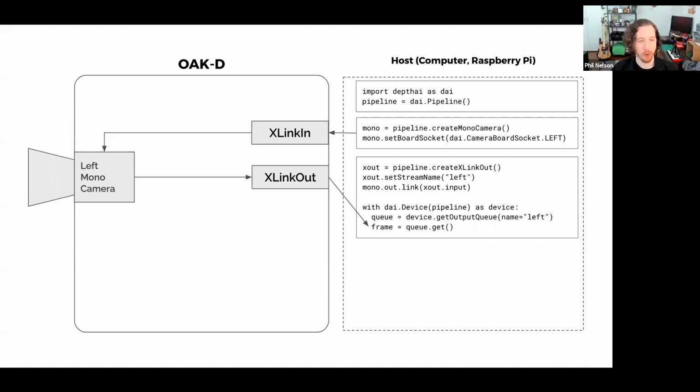So are there performance reasons you might want to do that, or why would you want to set the queue to be a specific size? Yeah, performance reasons, and also, how much. So suppose you are using something that is very computationally expensive, right? But you don't want to lose out frames.